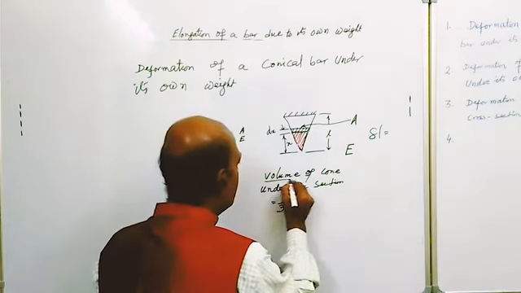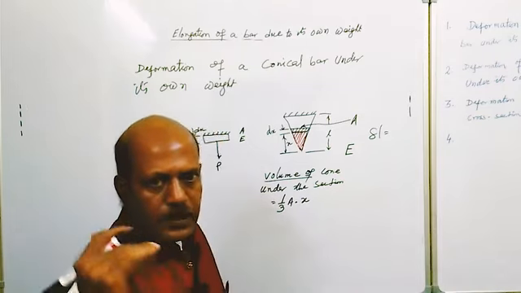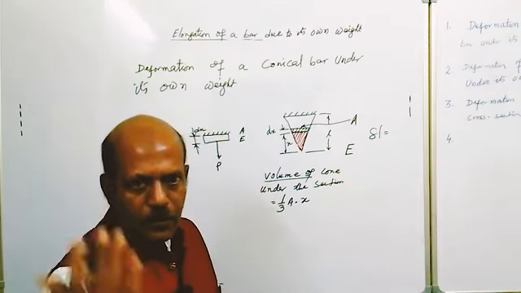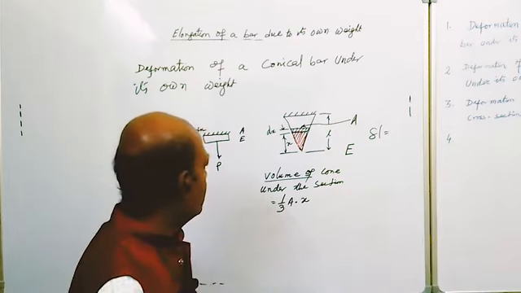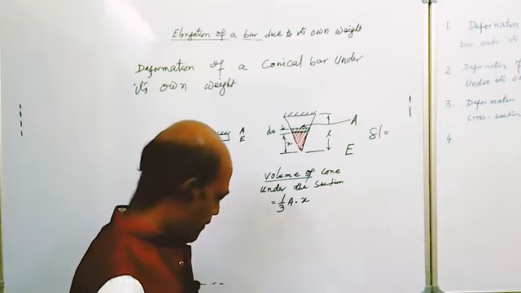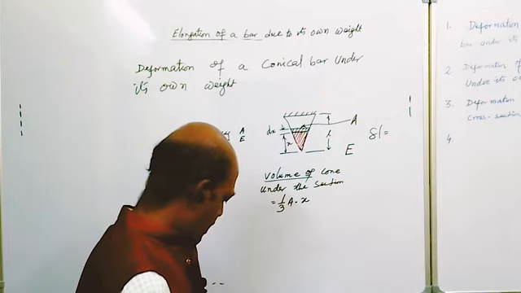So we have got the volume of the bar under the section. Now what is the weight of the bar? Volume into density, that will give the weight. Okay, volume into density into g, that will give you the weight.